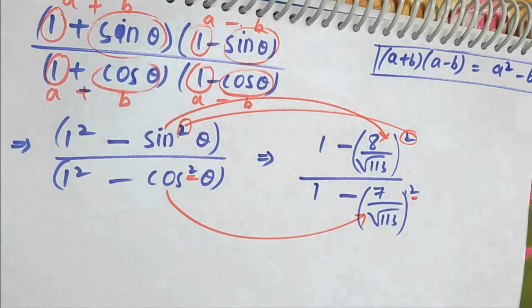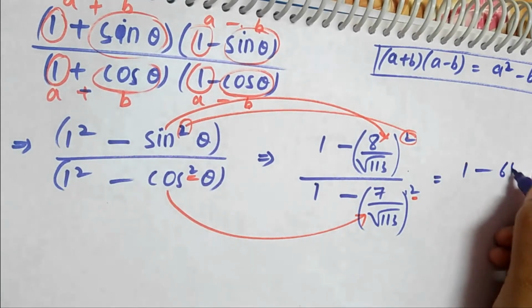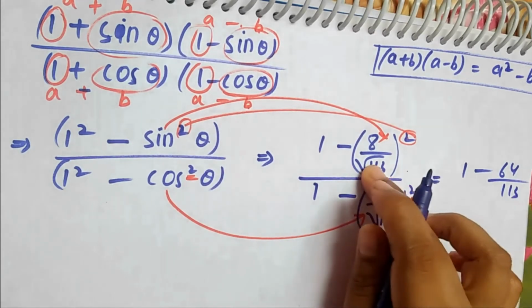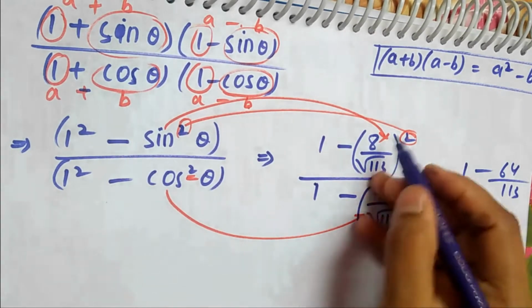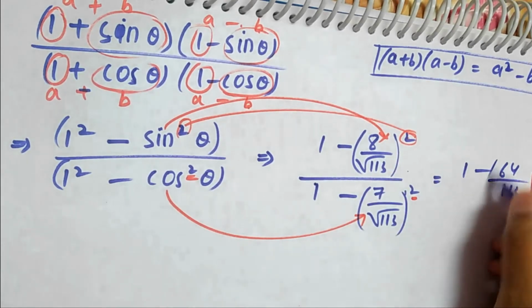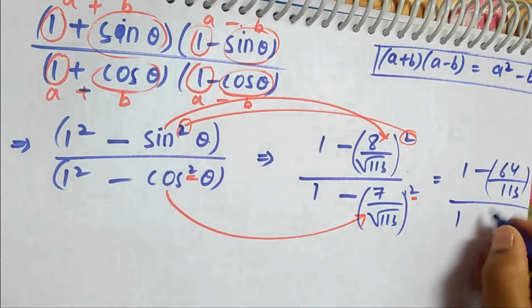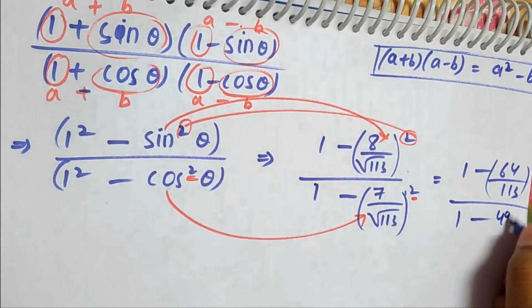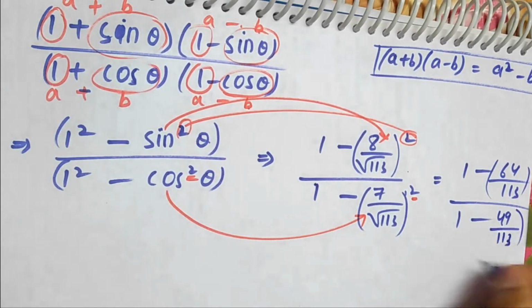Now it's just simplifying the problem. It's nothing but 1 minus 64 divided by 113, since root of 113 whole square is nothing but root and square get cancelled, divided by 1 minus 49 divided by 113.